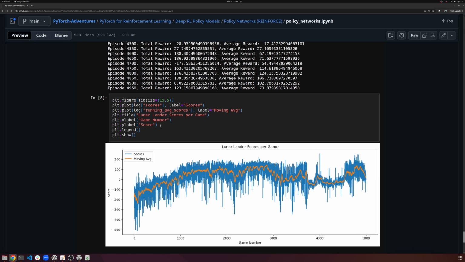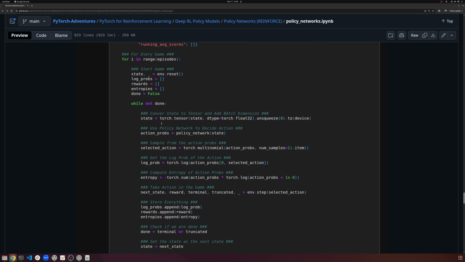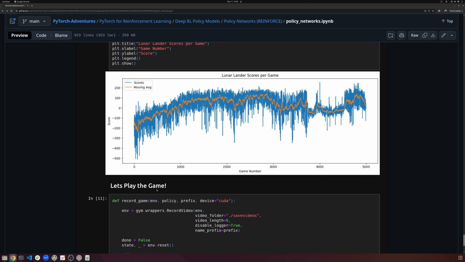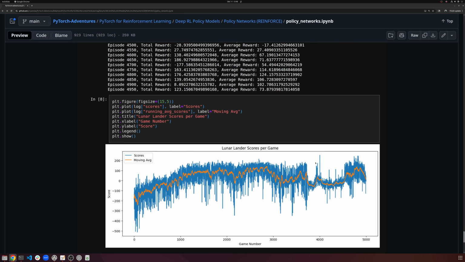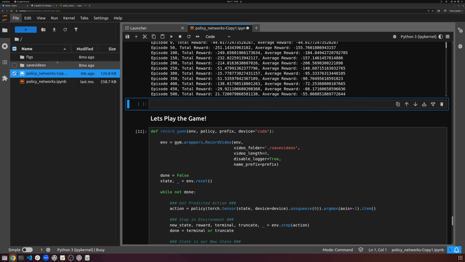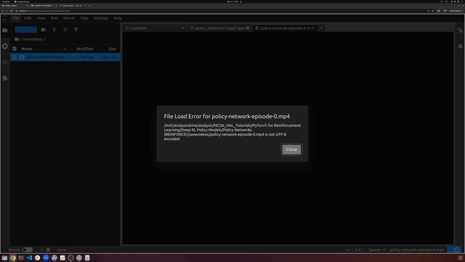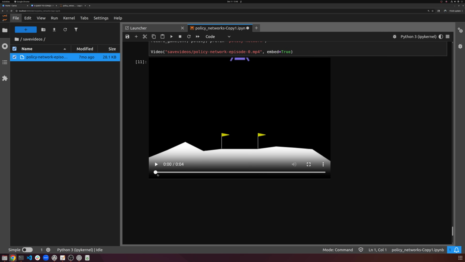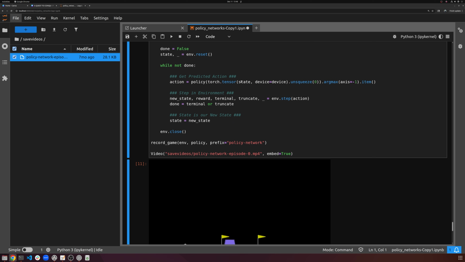We can probably be a little bit smarter about how we do our entropy weight and stuff like that. But overall, we can see the model's learning something reasonable from bad scores to reasonably okay scores, and we end up with something like this, right? So it'll end up playing the game just fine. Ta-da!